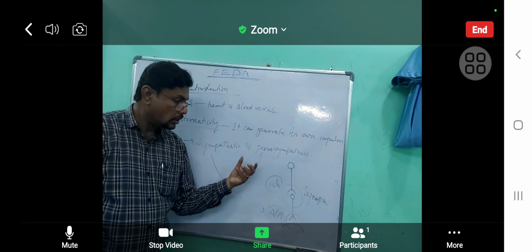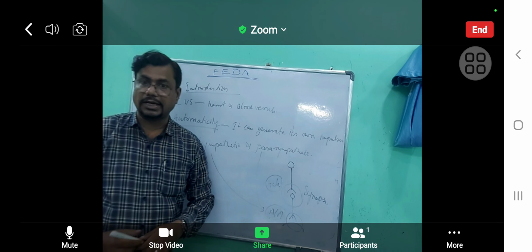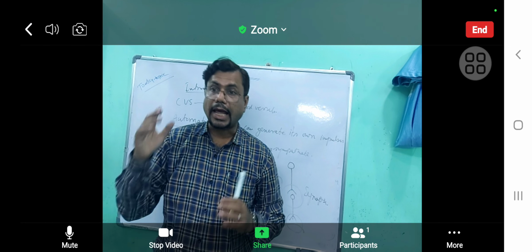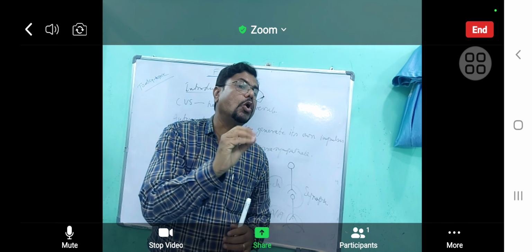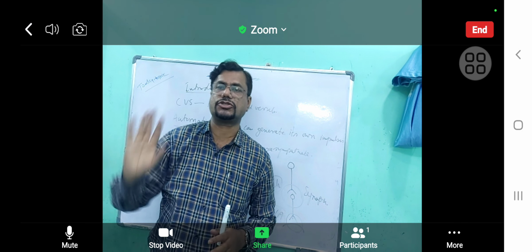Now we come to our point, that is Lycopodium. Lycopodium has Lycopodium spores. The spores are the active constituent.